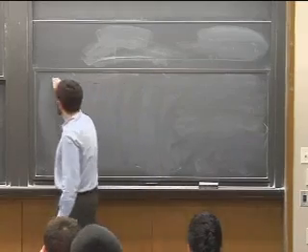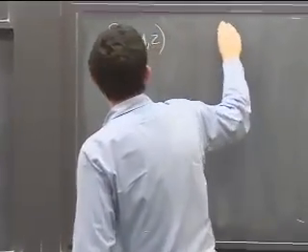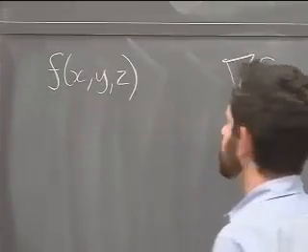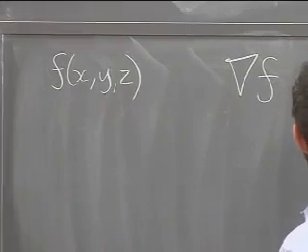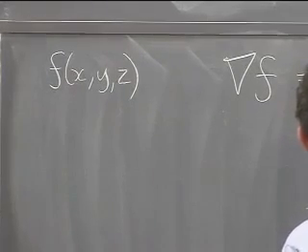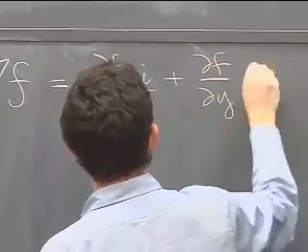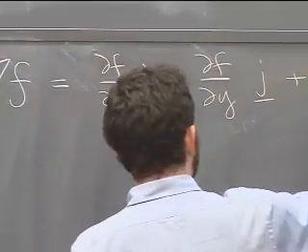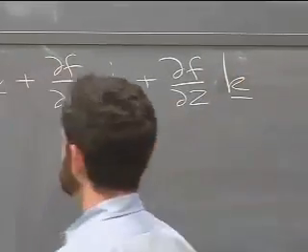You start off with a scalar function, f of x, y, z. Then grad f is actually a vector field. By definition, this is df/dx times i, plus df/dy times j, plus df/dz times k. So this is a vector field.